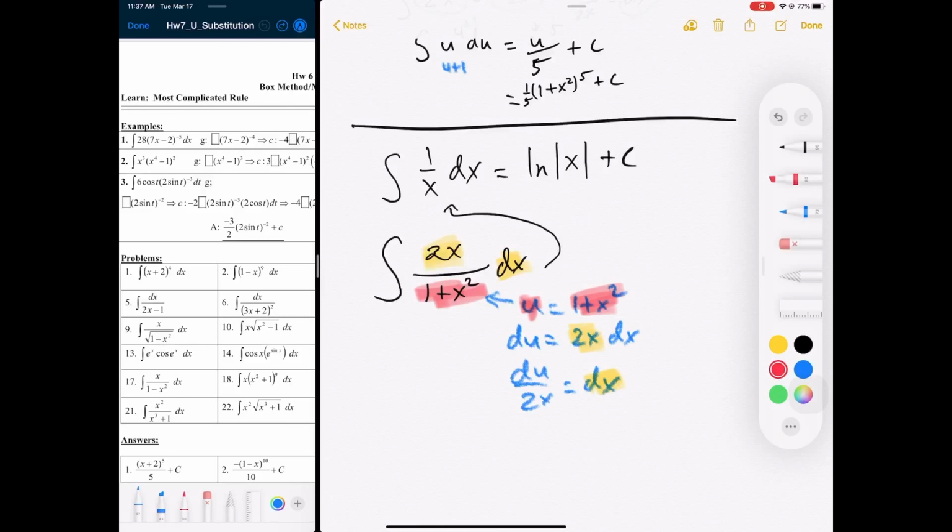And we see that the 2x, so let's go ahead and rewrite it. The integral of 2x over 1 plus x squared becomes a u. And then dx became a du over 2x. See, that's my dx. And then this guy here is my u.